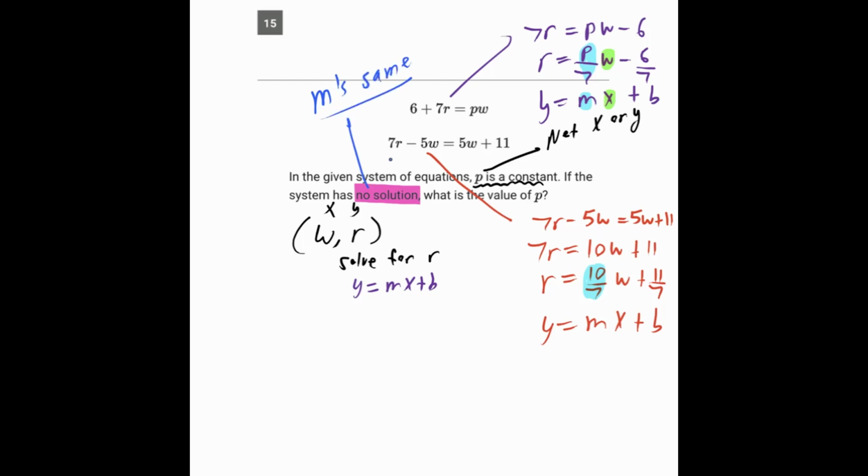And if we were pressed on it, we'd have to make sure the y-intercepts are different. So on a harder version of this question, we have to prove that we understand that the y-intercepts can't be equal. In any case, if the slopes are equal, that means that p over 7 must be equal to 10 over 7. And look how easy that is. P simply equals 10, and that's our answer.